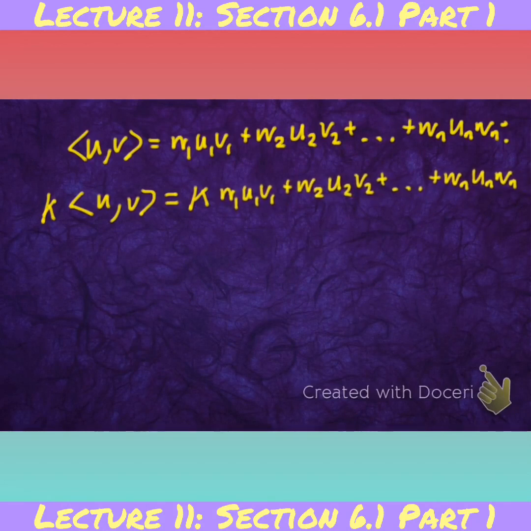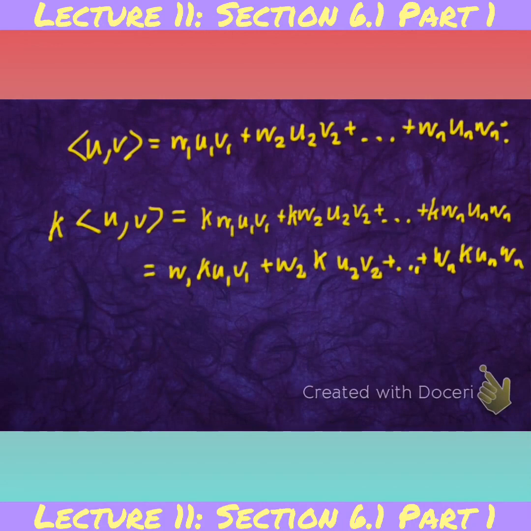And then we can gather and simplify to obtain, again gathering the terms, we can group the constant k with the first component of vector u, with the second component, and in general with the last component. Again it's easy to see that we can replace that with the product of the scalar multiple of u with v. So that is the third axiom.